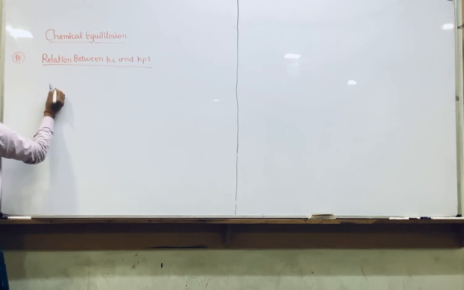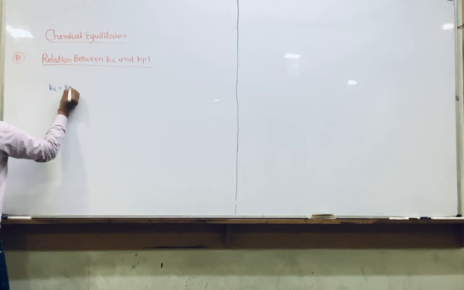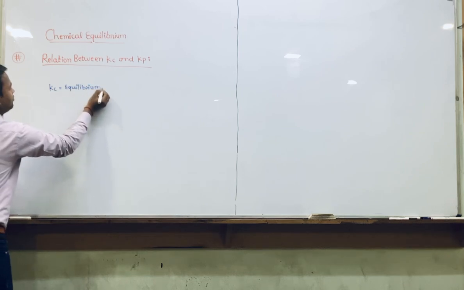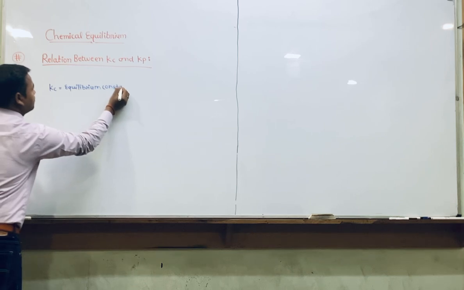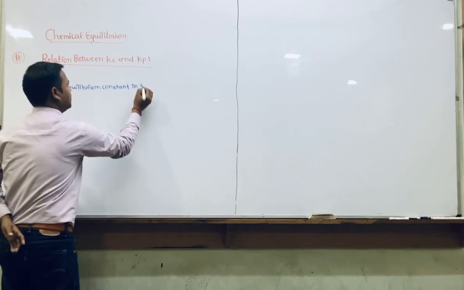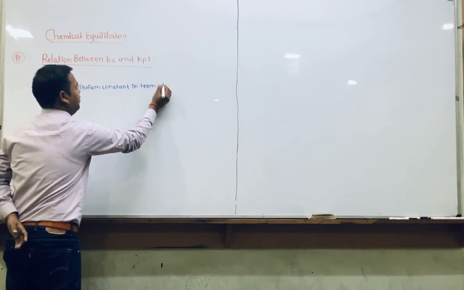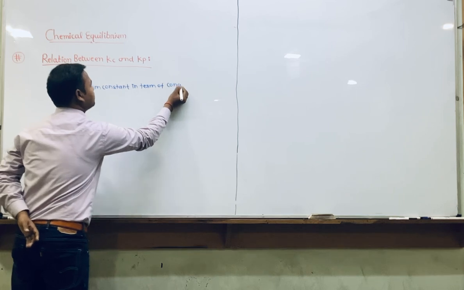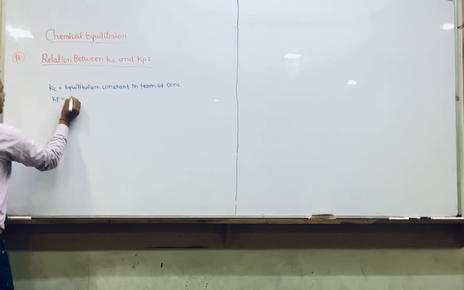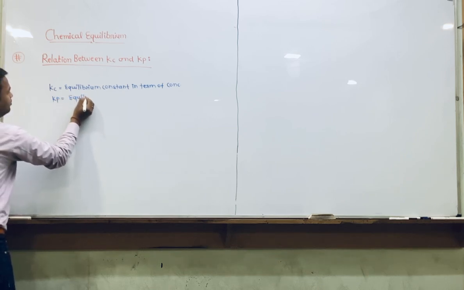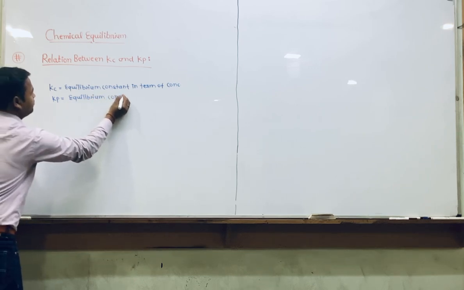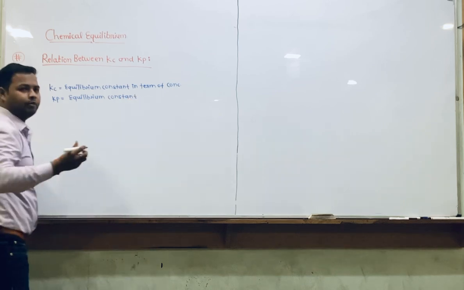Kc is the equilibrium constant in terms of concentration, and Kp is the equilibrium constant in terms of pressure.